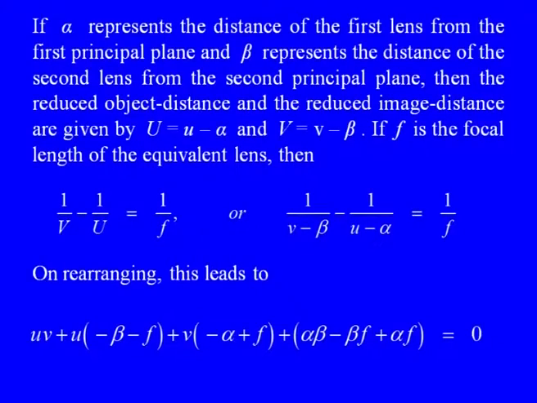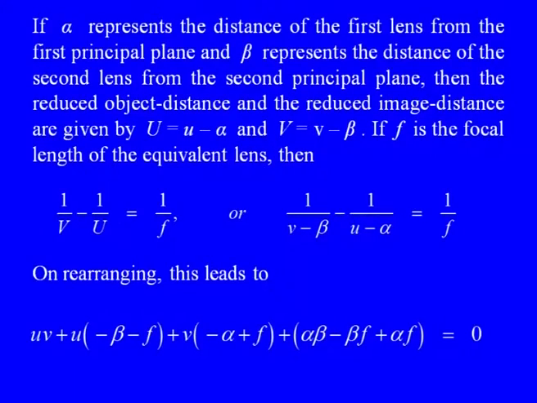Now, we treat this problem in an alternative way. If alpha represents the distance of the first lens from the first principal plane and beta represents the distance of the second lens from the second principal plane, then the reduced object distance and the reduced image distance are as follows. Capital U is given by u minus alpha.